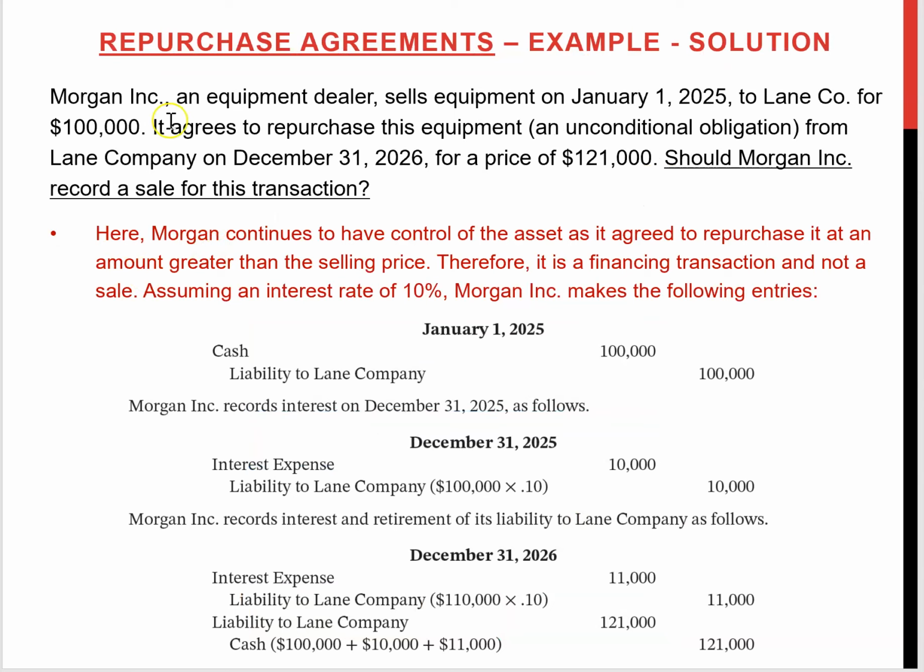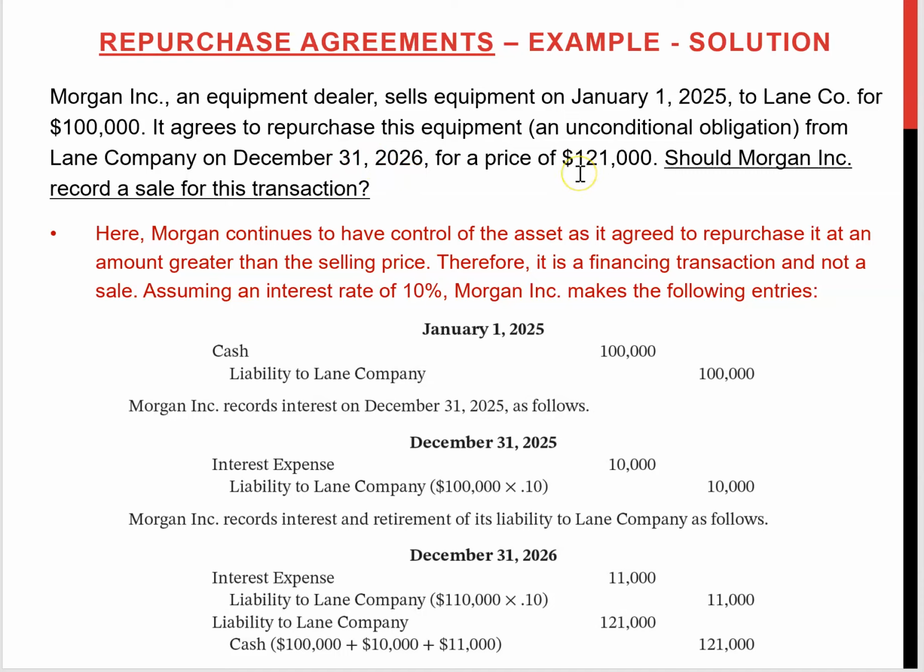Now, let's see one example here. Morgan Incorporation is an equipment dealer, sells equipment, and they sold one on January 1st to Lane Corporation for $100,000. And it agrees to repurchase the equipment on an unconditional obligation from Lane on December 31st, 2026, after 2 years.